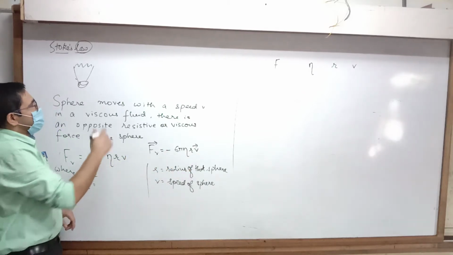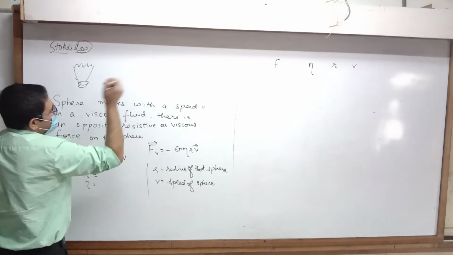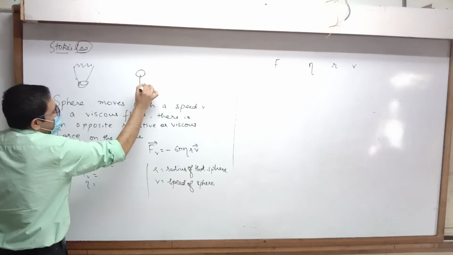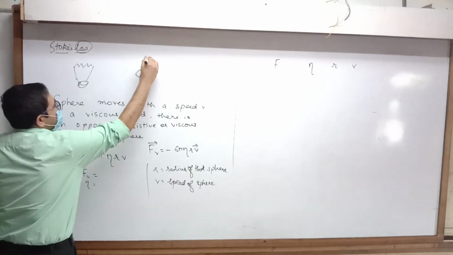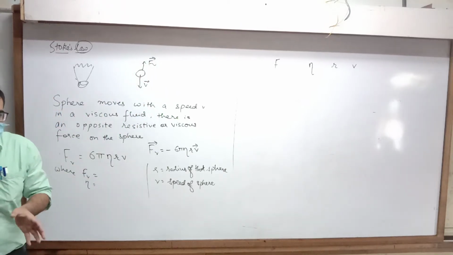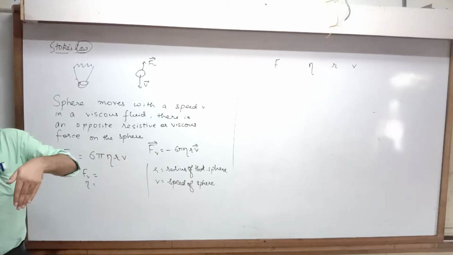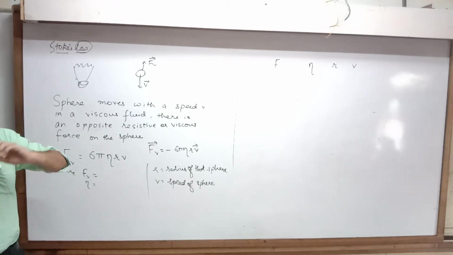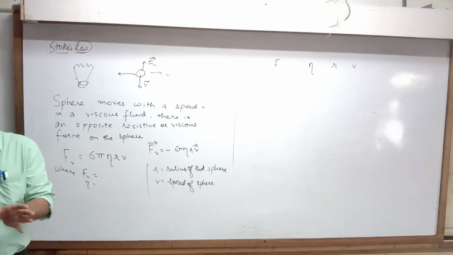So for example, if you have hit a small ball or a sphere and its velocity is downwards, then the force on it will be upwards. That is, the air or the fluid in which it is moving will try to resist or oppose its motion. If it moves towards the right side, however it moves, it will oppose.